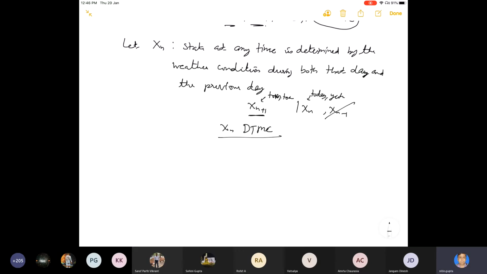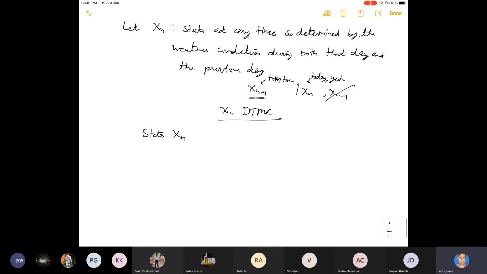Let us denote the states of Xn as 0, 1, 2, and 3.